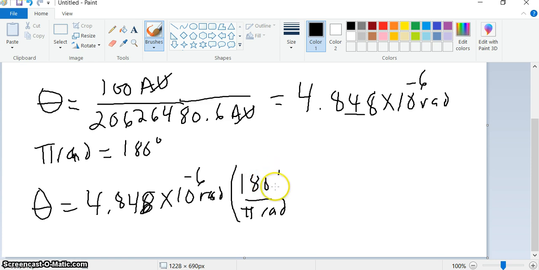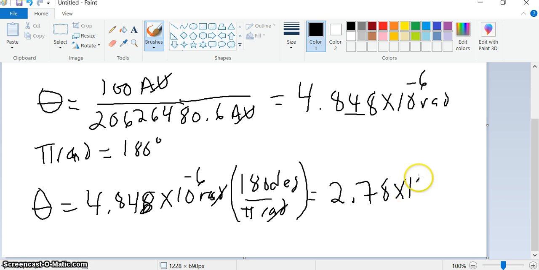So the radians cancel, and you just multiply 4.848 times 10 to the minus 6 times 180 over pi. And so you get 2.78 times 10 to the minus 4th degrees.